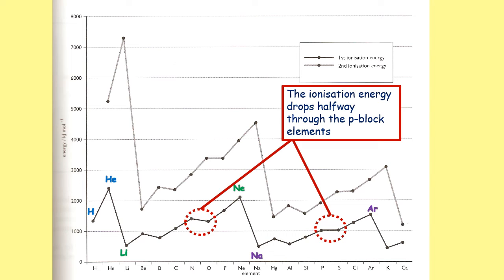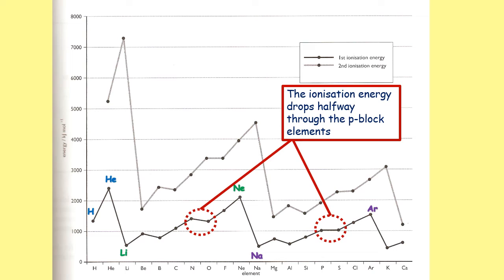And these come at the halfway point of the p block. So because we're getting a decrease in energy, that means there is a decrease in the stability of group 6 compared to group 5. Group 5 elements have 3 electrons in the p orbitals. Because of Hund's rule, that is 1 electron in each of the p orbitals.